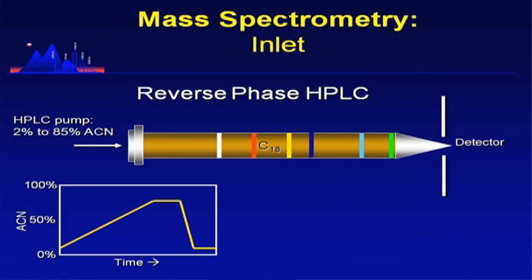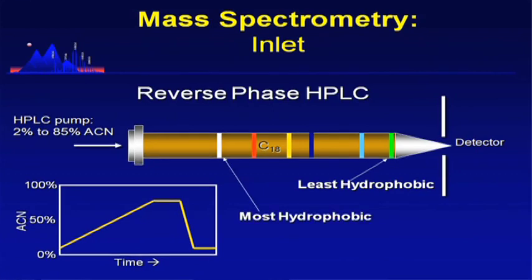The peptides that are not very hydrophobic won't take much organic solvent to displace them from the column, so those are going to elute first. The really sticky peptides need a lot of organic solvent to take up all those binding sites and kick them off, so those are going to come out last.